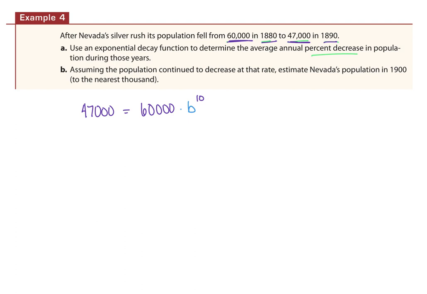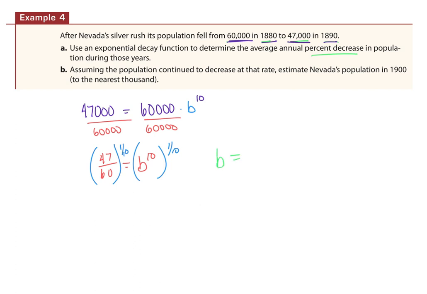And so again, we would solve for this by dividing by that 60,000. So we get 47 over 60 is b to the 10th. And then again, to get that 10 out of the exponent, we raise both sides to the reciprocal, which means that b will equal 47 over 60 raised to the 1/10.